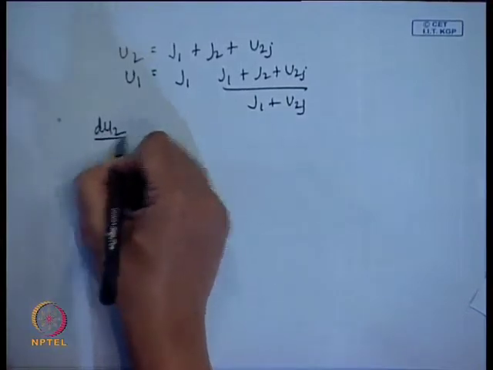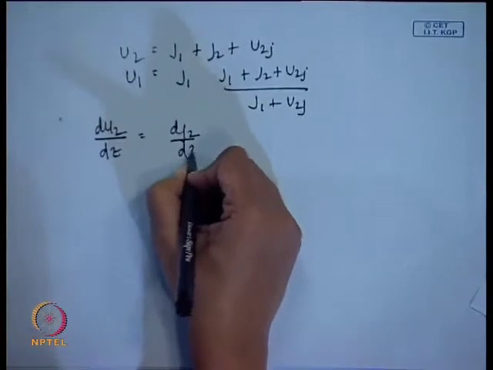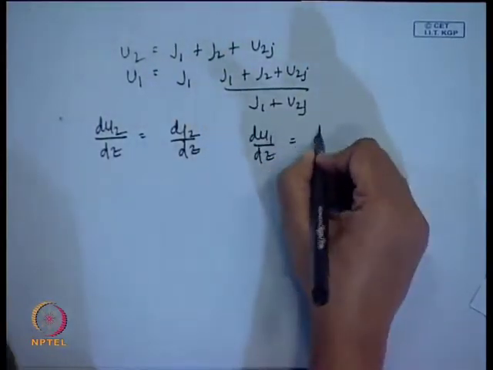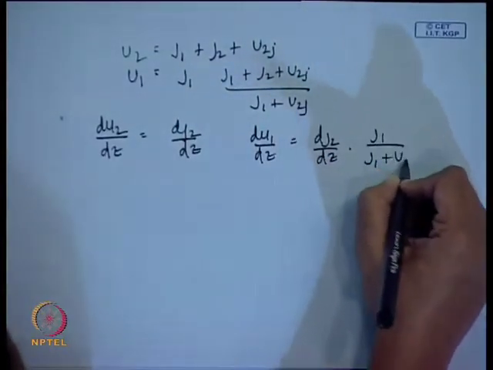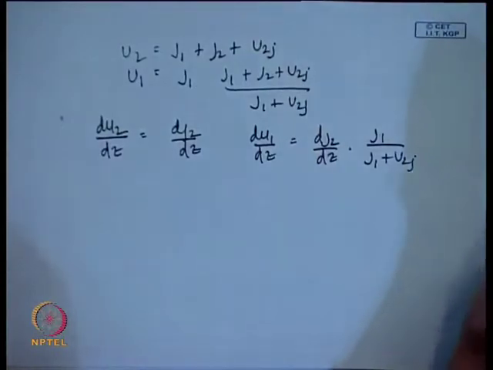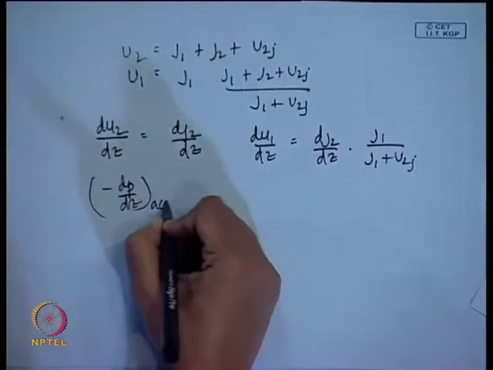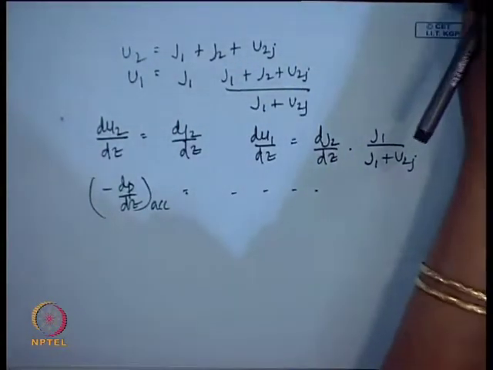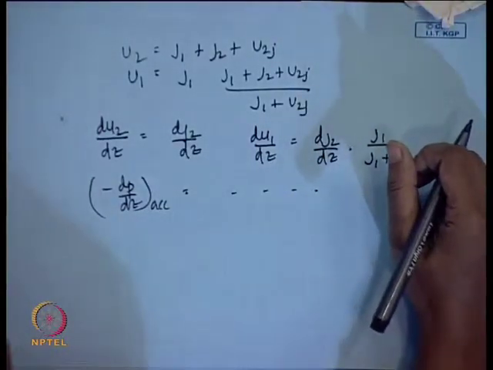Okay. Now, due to the J2 change what do we get? du2/dz is going to be dJ2/dz, and du1/dz is going to be dJ2/dz times J1 by (J1 plus U2J). Okay. Accordingly, minus dp/dz acceleration, this particular expression can be written down here. Okay.